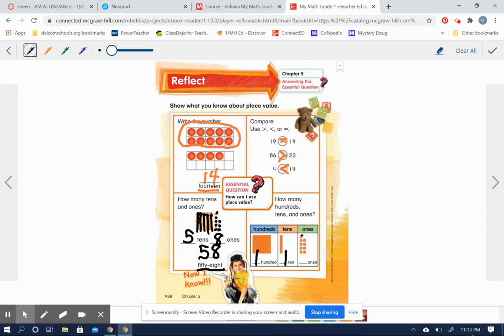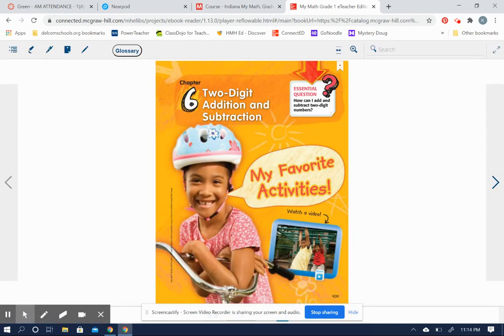Well, let's count those. 1, 2, 3, 4, 5, 6, 7, 8, 9. All right, and so what would that standard number be? 100, 110, and 9 ones. That would be 119, wouldn't it?